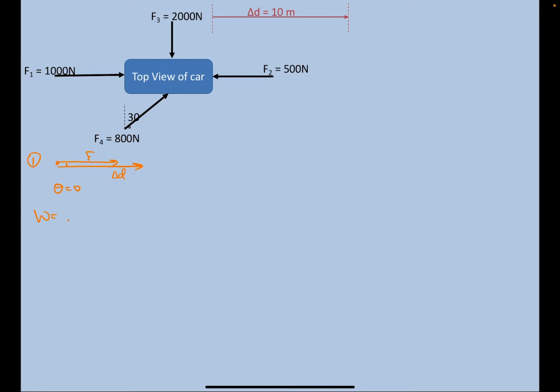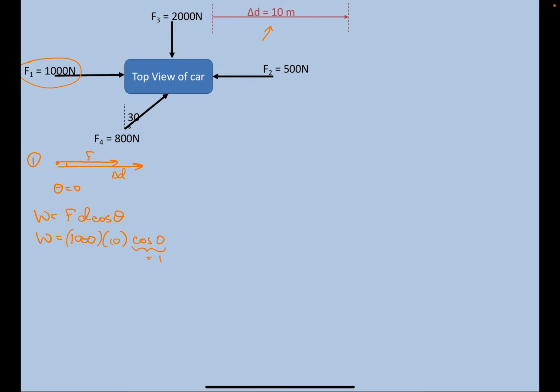So when I use my equation, work equals Fd cos theta, we're just going to sub in the numbers. For the force, I don't worry about any vector directions here. No positives or negatives, just sub in the number. So 1,000 newtons. The displacement, that's given up here, 10 meters. The angle between the two is 0. And cosine of 0 is equal to 1.